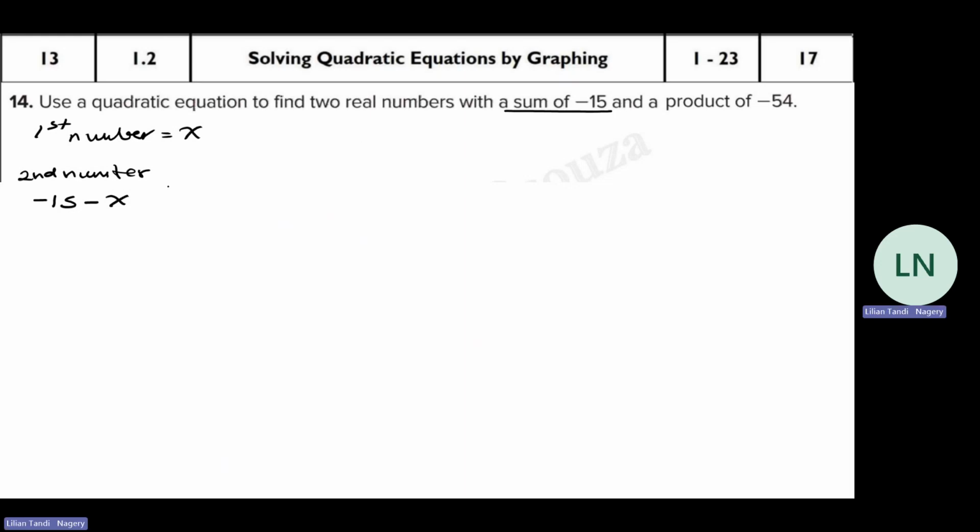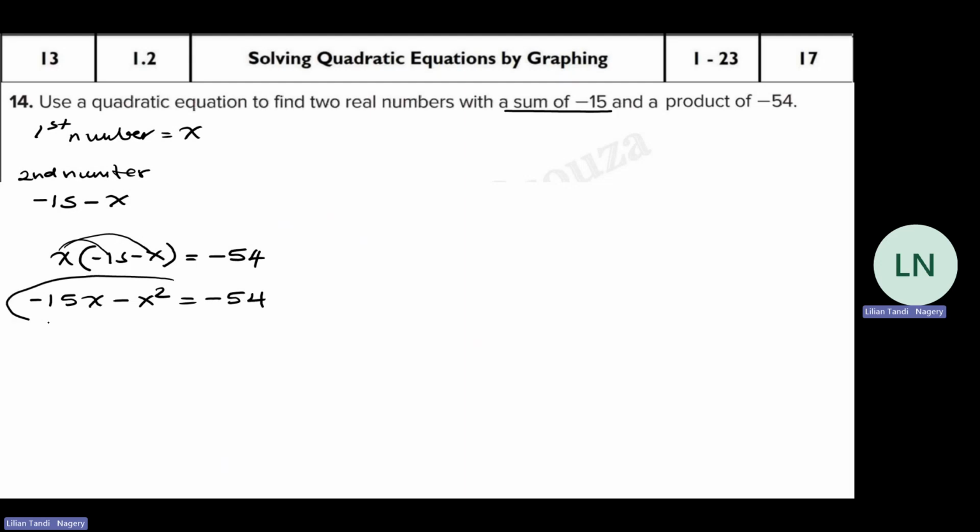Then you're going to write x multiplied by negative 15 minus x equals negative 54. Then you're going to do the distributive property. You're going to get negative 15x minus x squared equals negative 54.